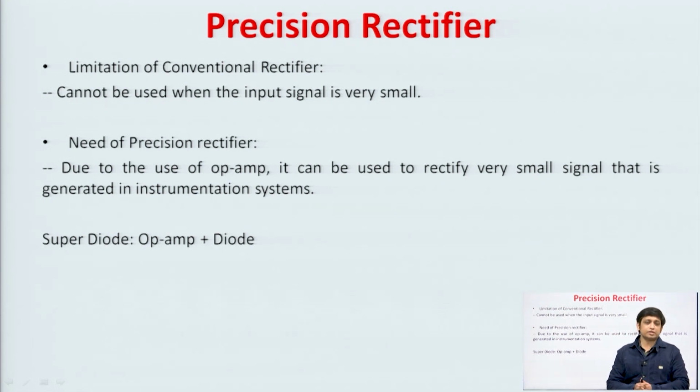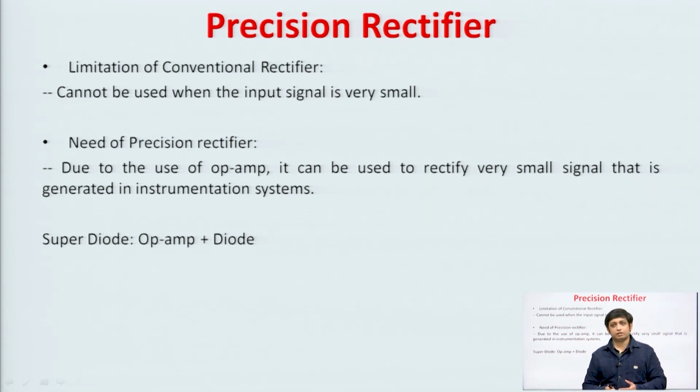But if the input signal magnitude is very small, for example 0.1 volt, 0.2 volt, then that normal rectifier will not work, because for the diode to be on, the voltage drop across the diode should be 0.7 volt.